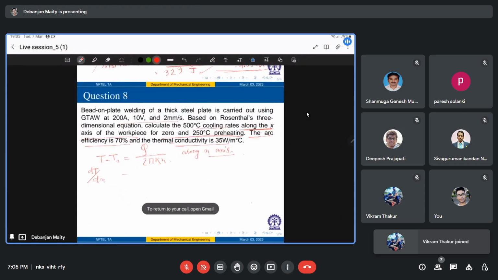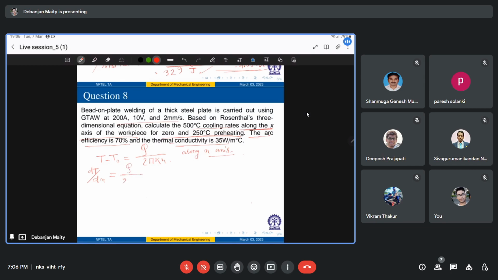So what will be dT/dx? This will be q by 2 pi k, that into minus 1 by x square, right?